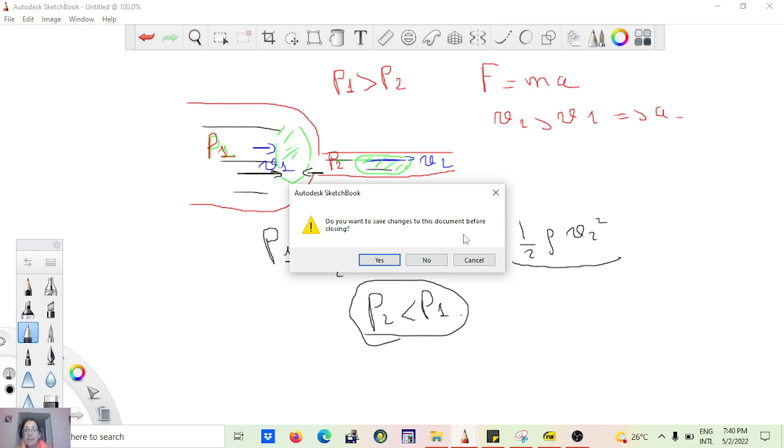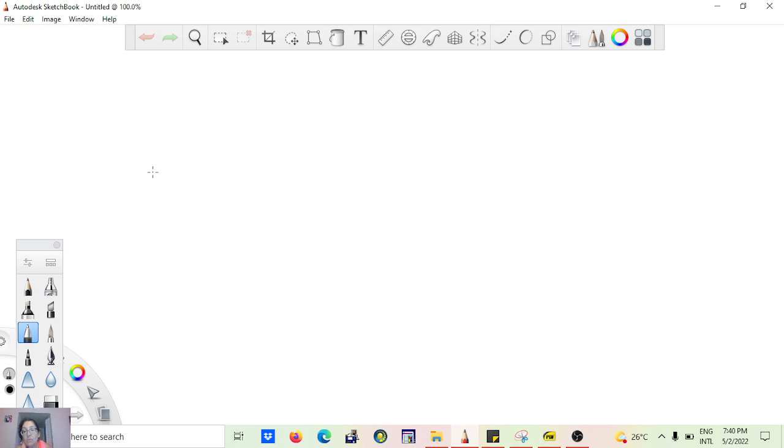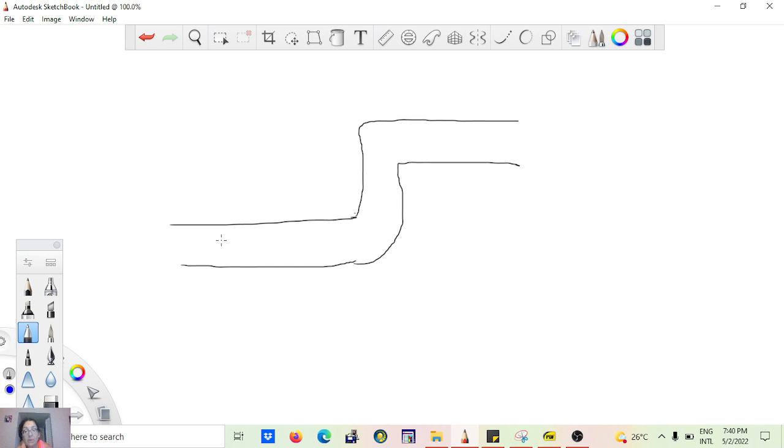Okay, last example, in the case where you have a tube, a pipe that goes up like this. Let's say you have a steady flow, it's moving here, and you see there is a gain of potential energy, then it's flowing there.